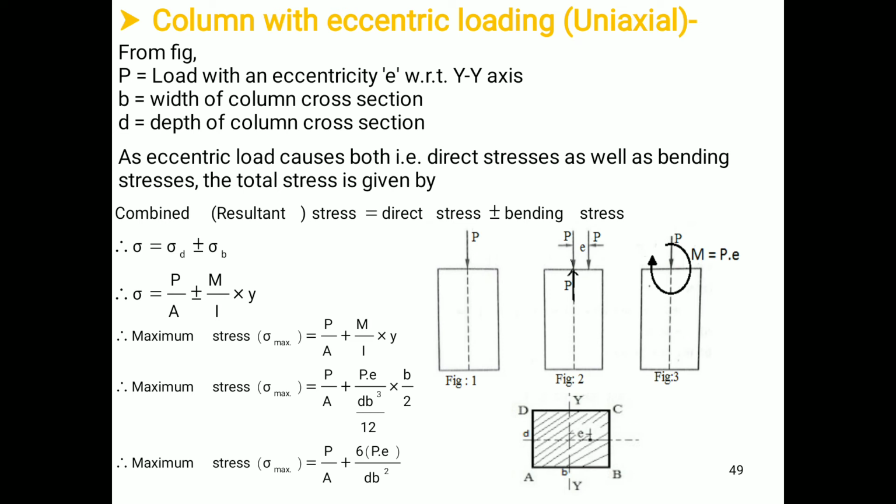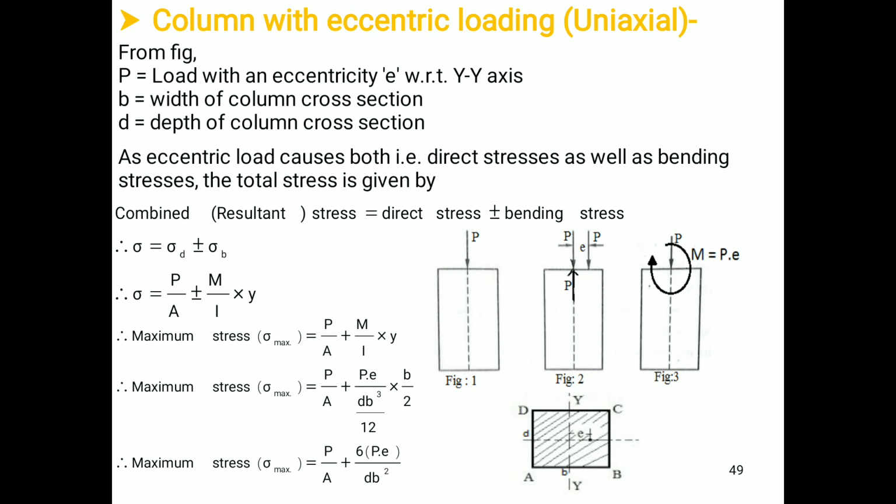Okay, so all of you know that direct stress can be given by P by A. After that, the bending stress can be given by M upon I into y. Therefore we will have the final value of resultant stress, sigma, equal to P by A plus or minus M upon I into y. Now depending upon the maximum stress value, we will consider the positive sign.